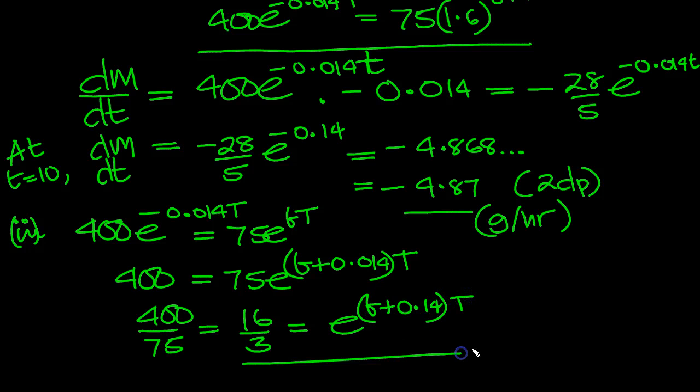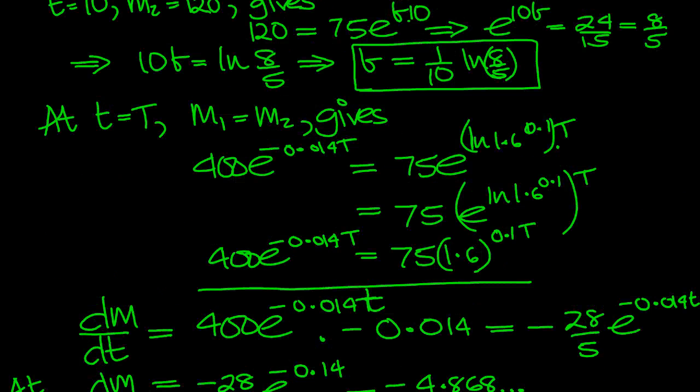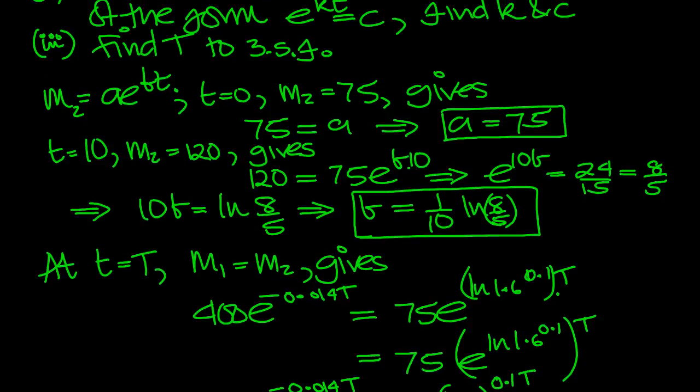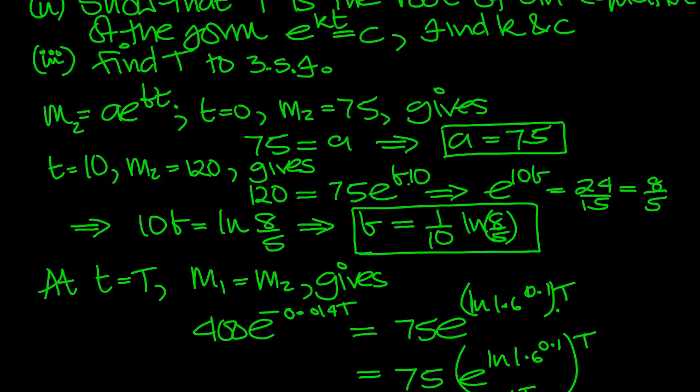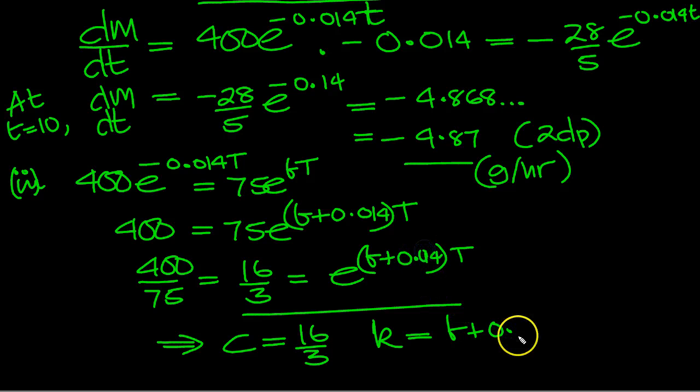So that's the form we wanted, didn't we? Because that's what they said above. Show that this is equal to that, e to the kt equals c, and find c and k. So that tells us then that c is equal to 16 over 3, and k is equal to b plus 0.014.